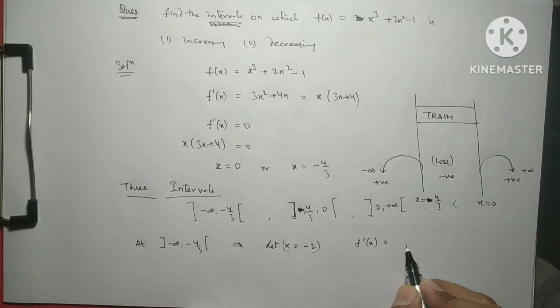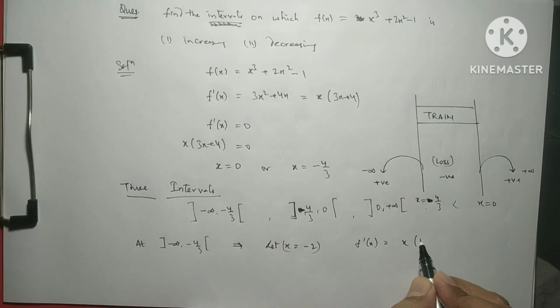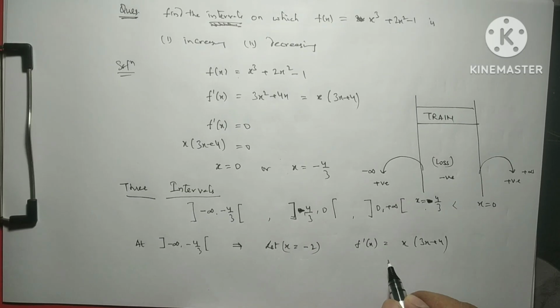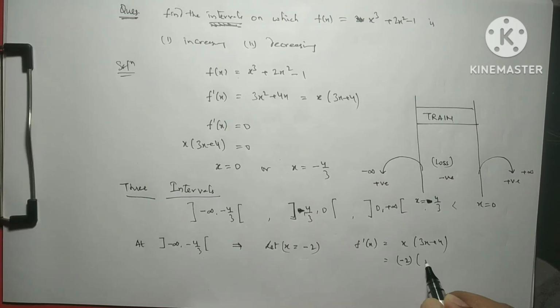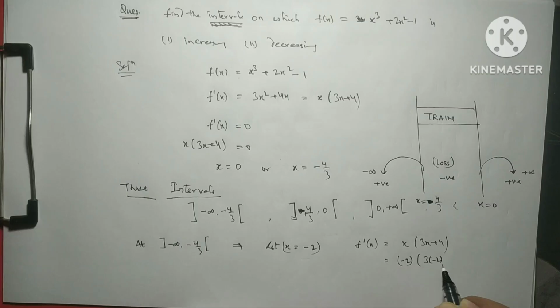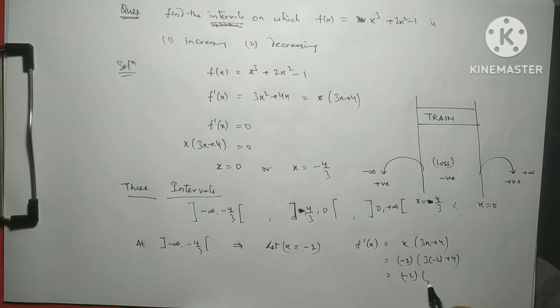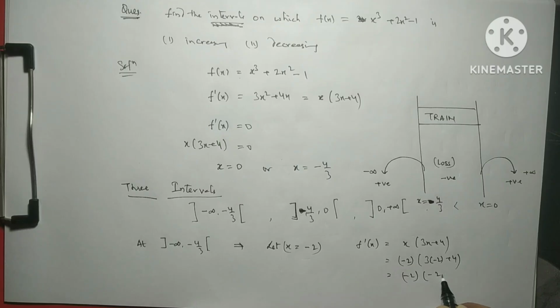So f dash x is x into 3x plus 4. When you put minus 2, the first factor is minus 2, and then 3 into minus 2 plus 4, which is minus 6 plus 4, again minus 2.